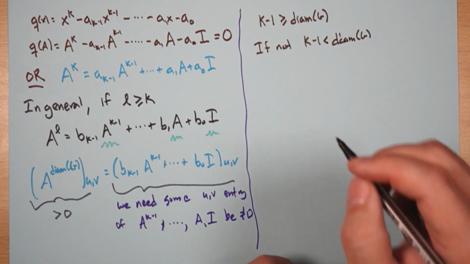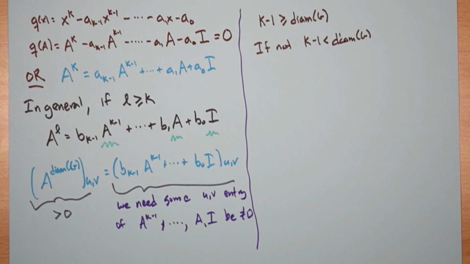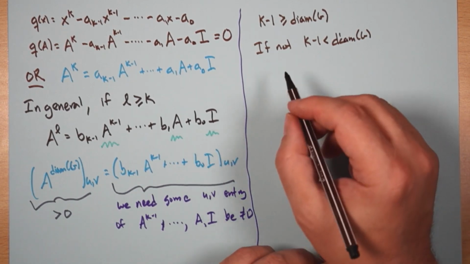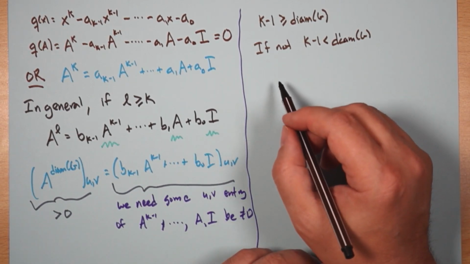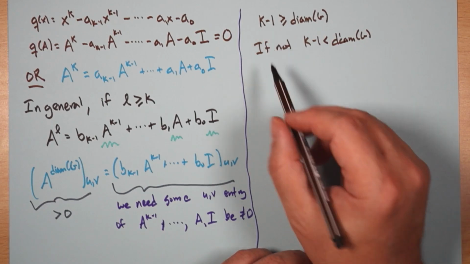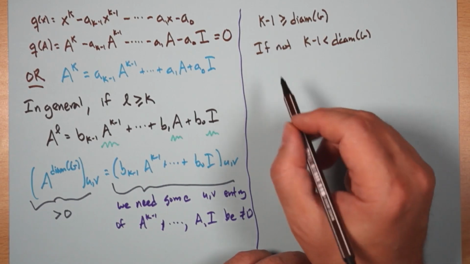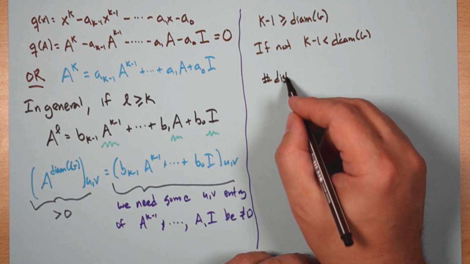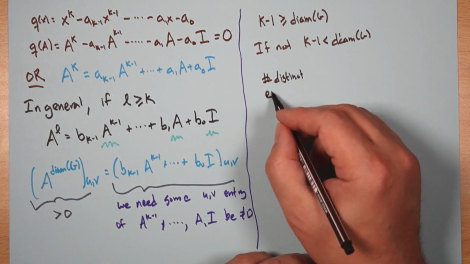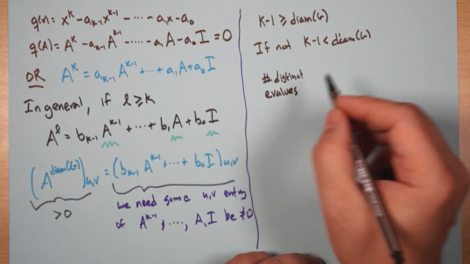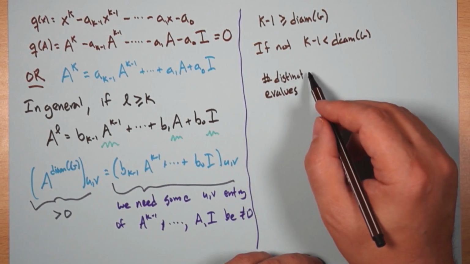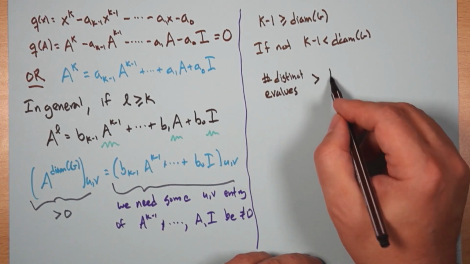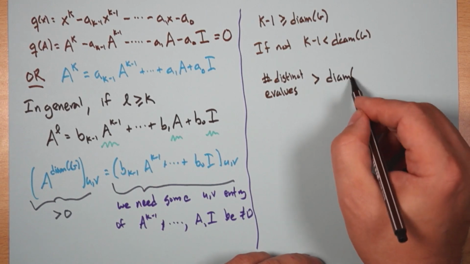And so we have our great aha moment, which is to say we have this lovely fact that if you look here, so what is k, by the way? K is the number of distinct eigenvalues of your graph, and it has to be strictly greater than the diameter of your graph.